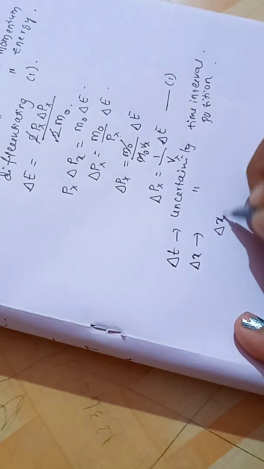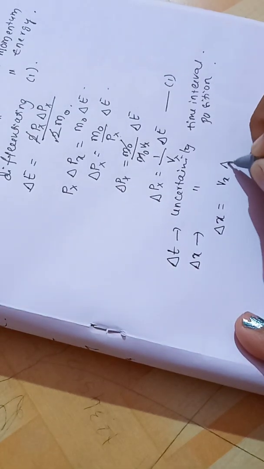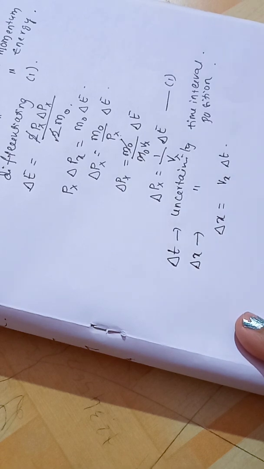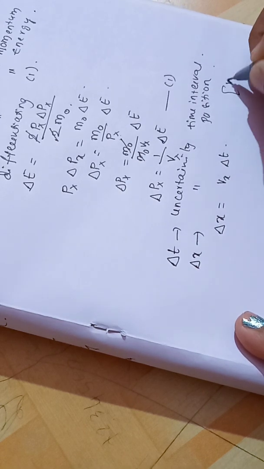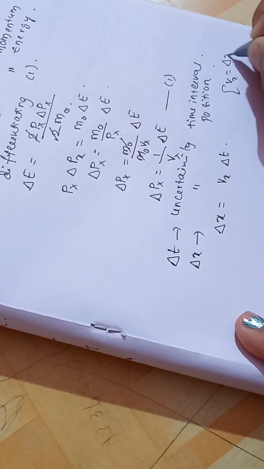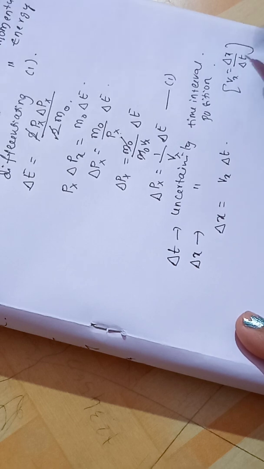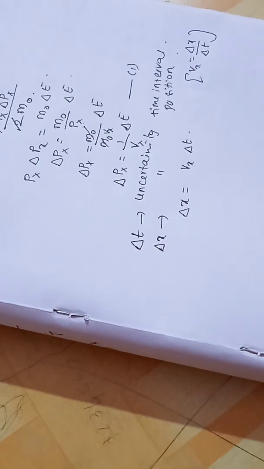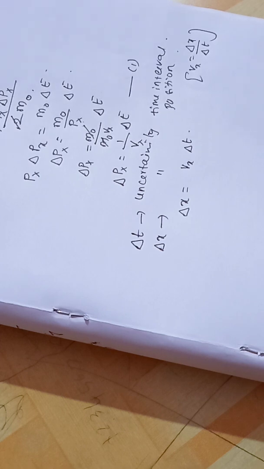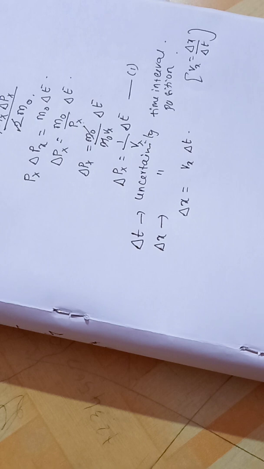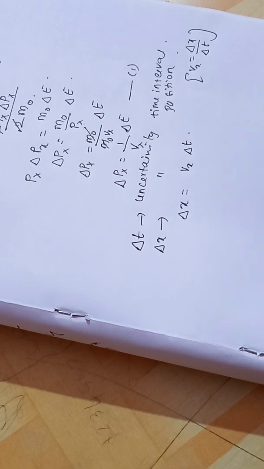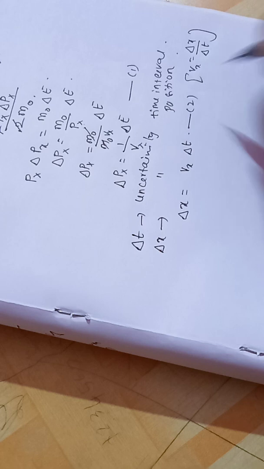Then what will we write? Delta x is nothing but Vx delta t. So Vx is equal to delta x by delta t, the change in position by time interval, which we call velocity. Put it as equation 2.